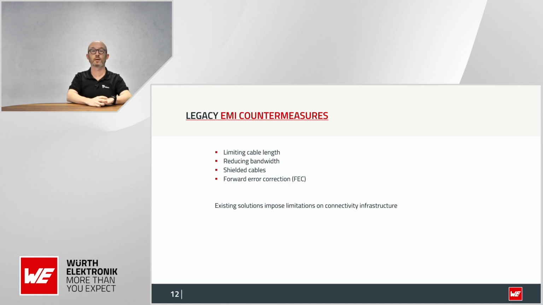Finally, we can introduce forward error correction. We could add redundancy to the signal which is transmitted. This works well for the receiver to detect errors and to correct them. It works well as long as the signal-to-noise ratio is high enough.